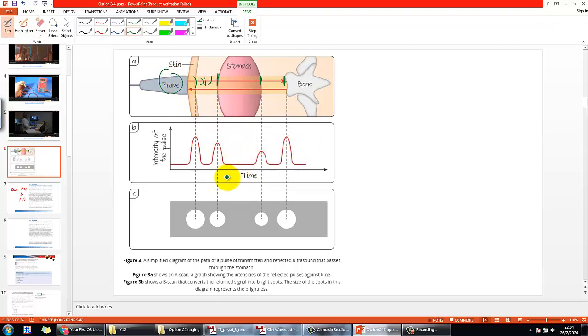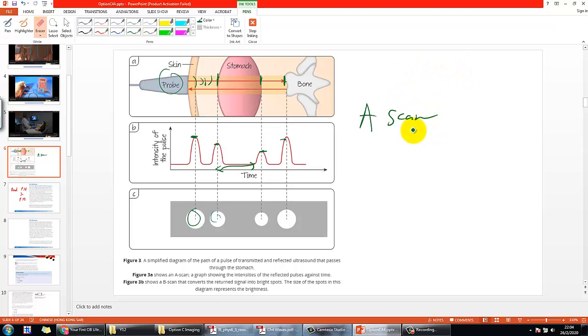And depending on the density of the material, you may find there will be different amplitude, as you can see, which may show brighter or dimmer in the diagram. So this information can help us to determine the thickness of the organ, for example, your stomach along this line. Okay, and in fact this is actually called the A scan.